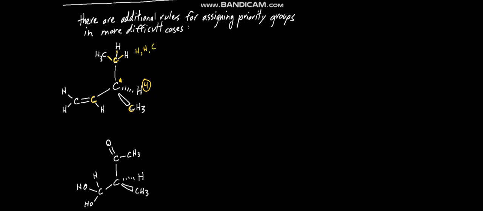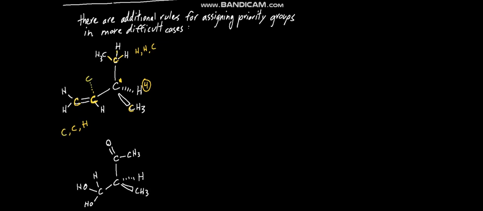Hold on now. What's attached to this carbon, which is tied with this one and this one? Carbon here has a hydrogen attached, a carbon attached, and then what else? When you have a double bond like this and it's attached to another carbon, you say there's another imaginary carbon there.